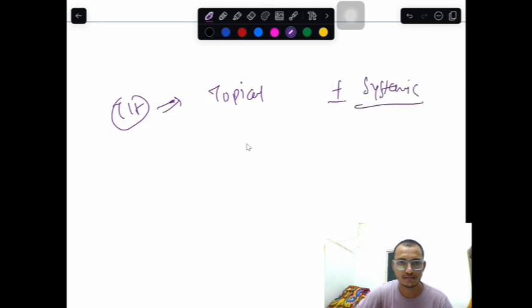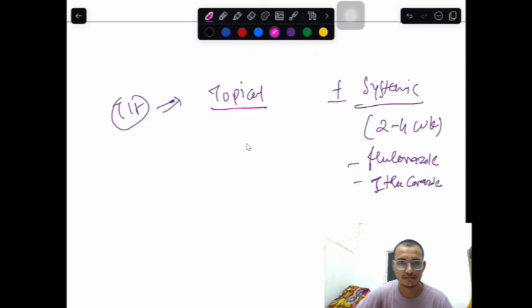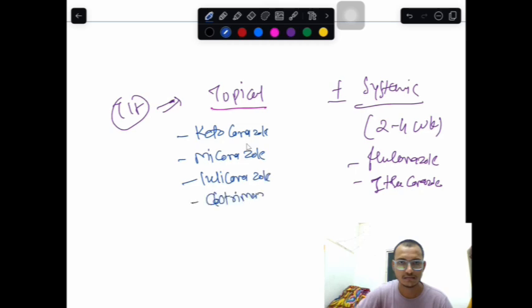Systemics we use for 2 to 4 weeks are fluconazole or itraconazole. Of the topicals, mostly ketoconazole is used. New ones coming are miconazole, luliconazole, and clotrimazole. This we use for 8 to 12 weeks.